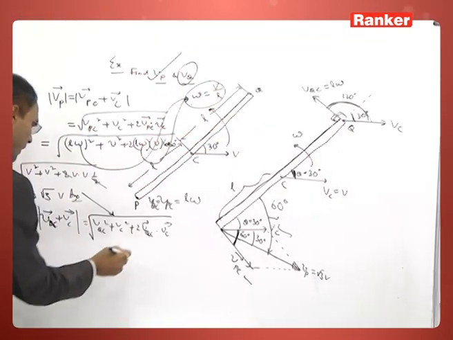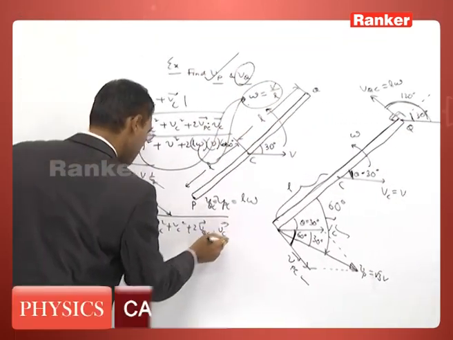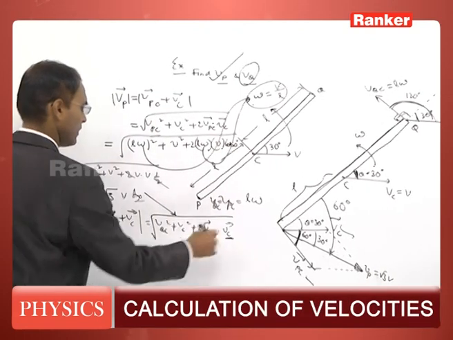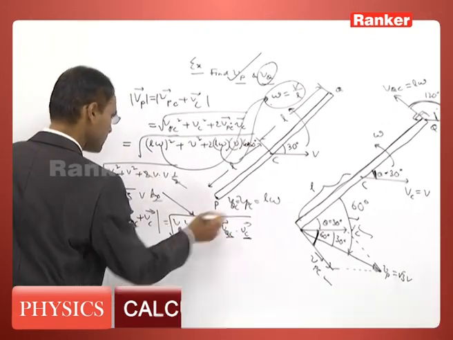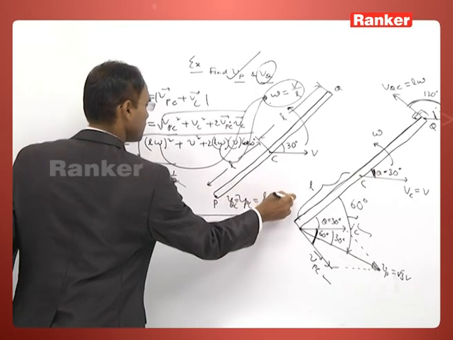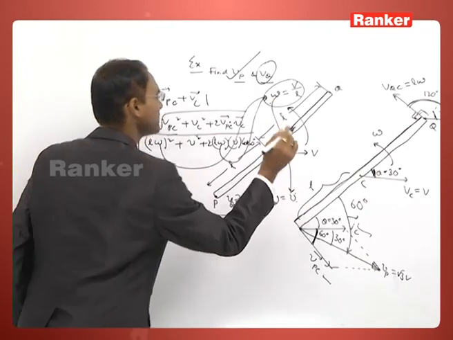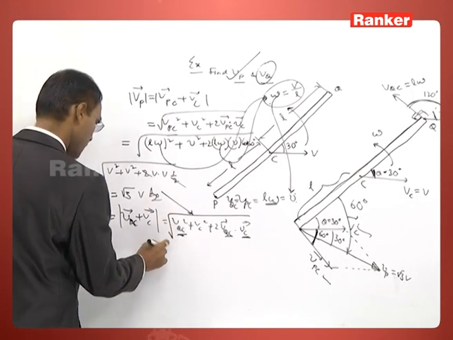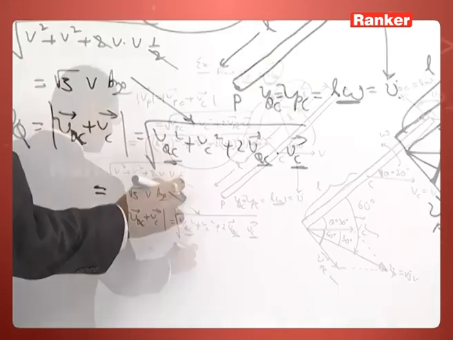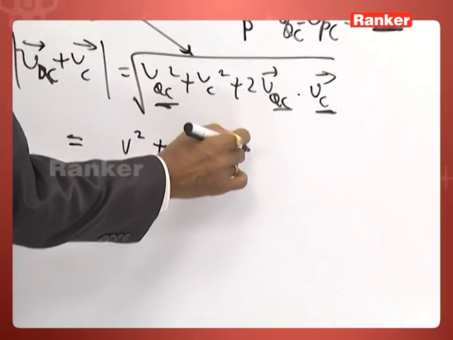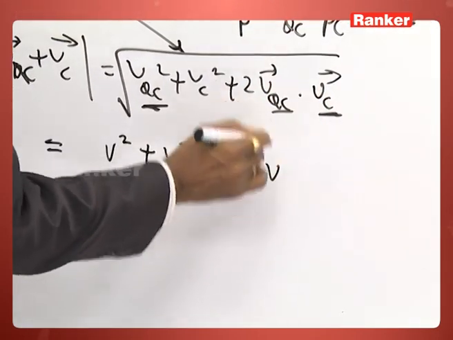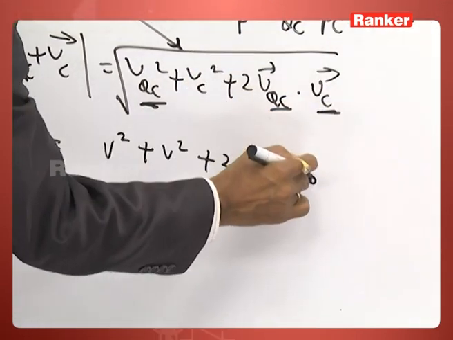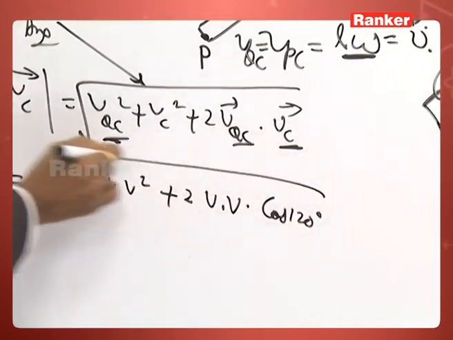Angle between VQC and VC is 120 degree, and VQC is equal to L omega. L omega is equal to V, because omega is given as V by L. So, you can write VQC as V, VC as V, and the angle between these two is 120 degree.